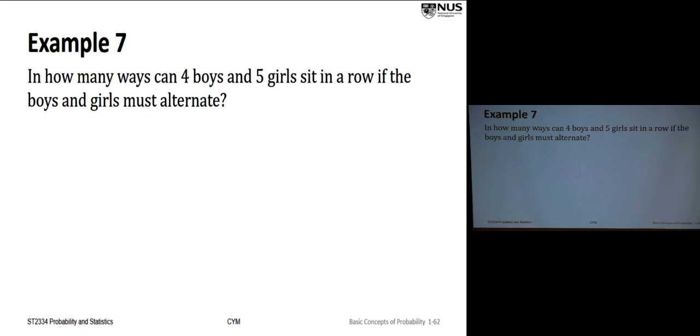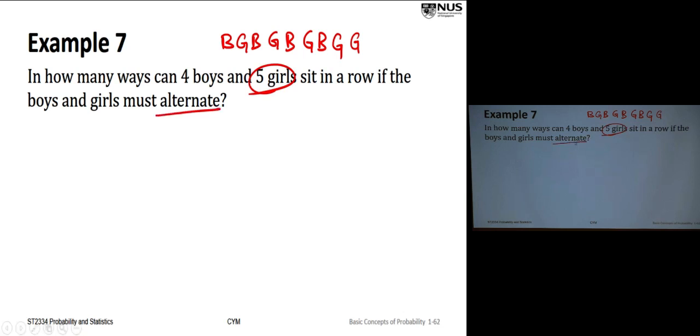So, a boy here, okay, girl, boy, girl, boy, girl, boy, girl. So far, so good. Then, I still have 1 girl, I have to put her somewhere. I cannot put it here. I have 5 girls, right? Then that would not meet the criteria, the alternate seats.